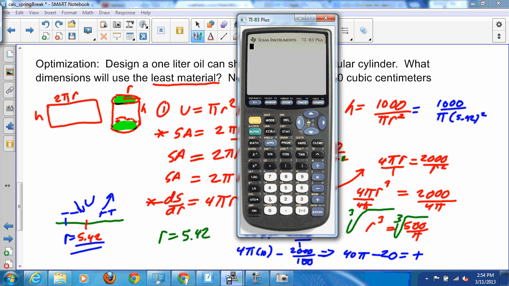We have 1000 divided by pi times 5.42 squared.